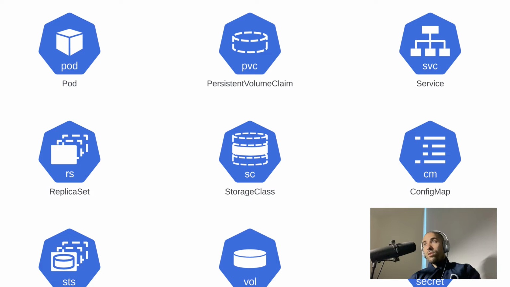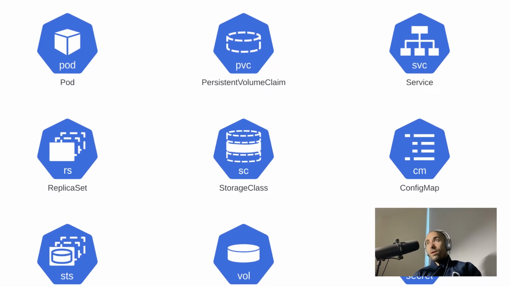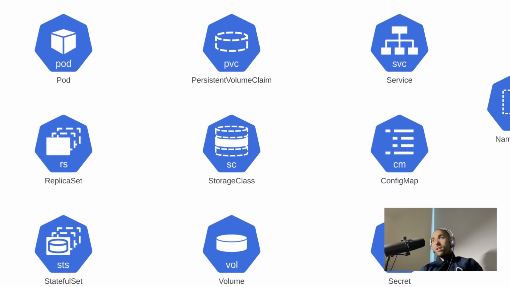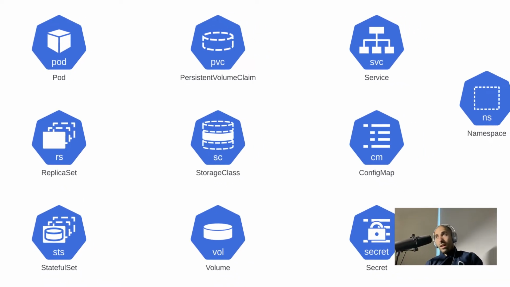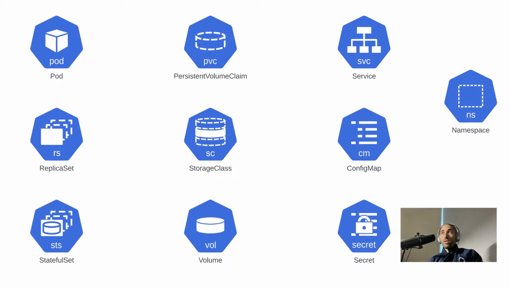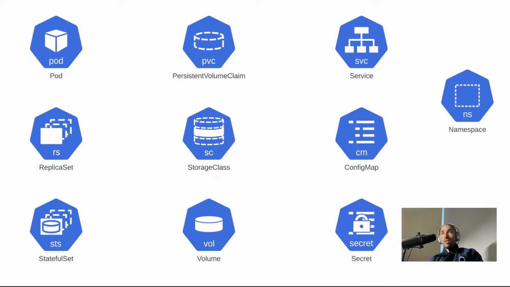Storage class, never use that. Config map is for defining shared configuration across your microservices. Namespace is a tool for organizing your resources in Kubernetes. Stateful sets are for being able to scale usually databases in a logical way that actually works.